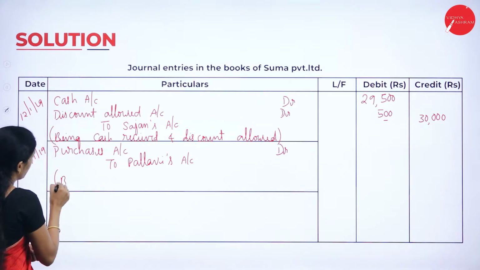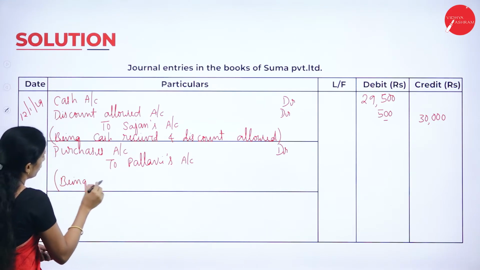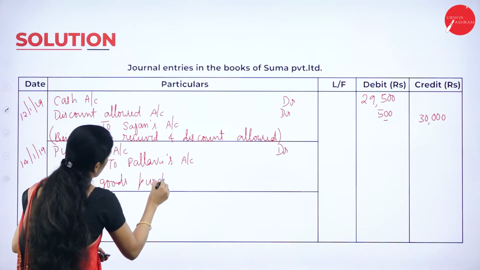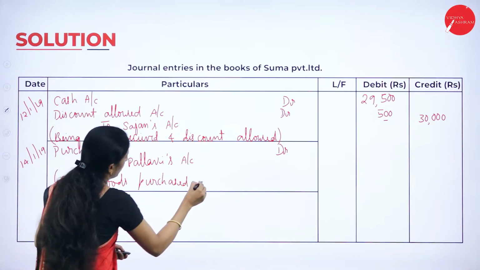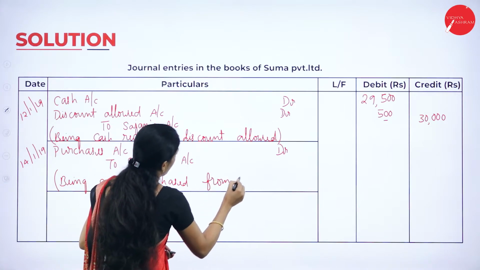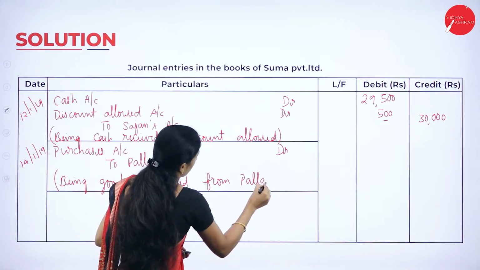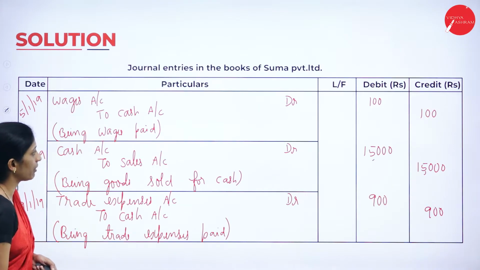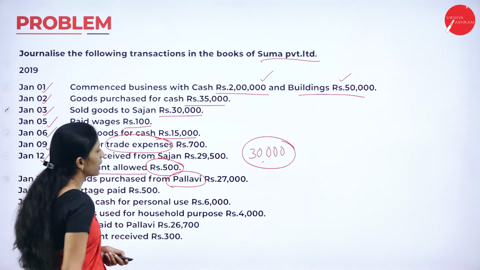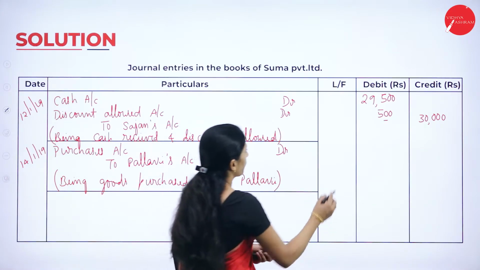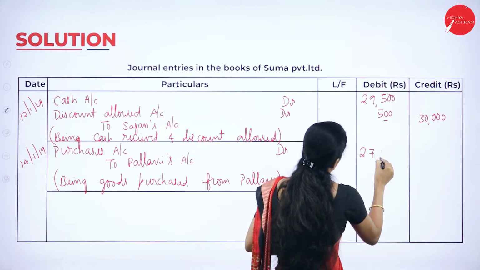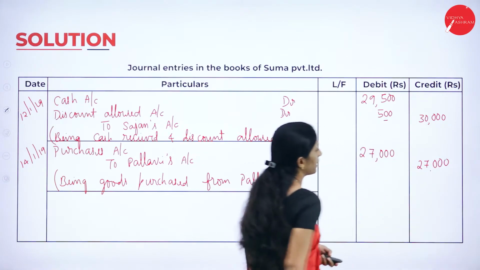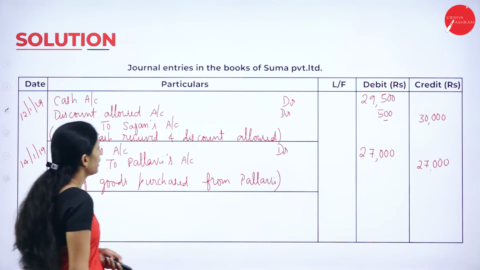So narration: being goods purchased from Pallavi. On credit also you can write. So what is the goods purchased? 27,000. 27,000 in the debit and 27,000 in the credit.